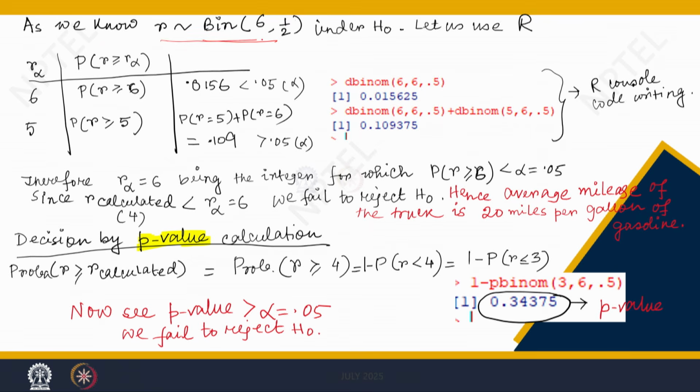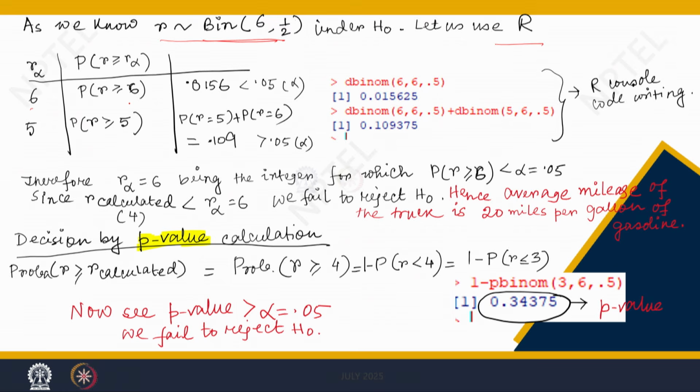Then the distribution of r is binomial 6, 0.5. Let us use R. R alpha is 6. When you are choosing r alpha as 6, probability r greater than or equal to 6. Now, you can ask me why I am starting from 6? Because it is a right tail test.